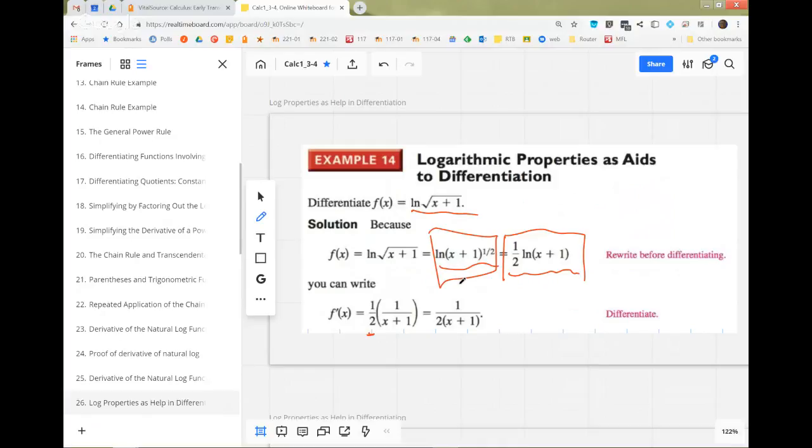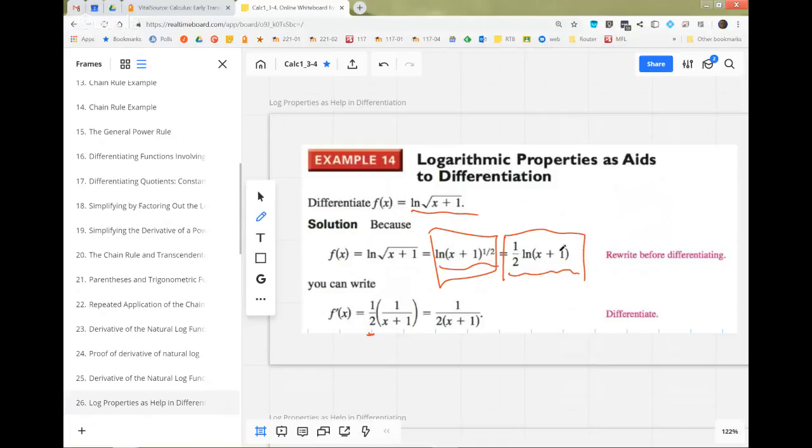The rule is take the power and multiply it by the logarithm of the base. And that's what you'll see in this first line. What's the power? 1/2. Take that times the natural log of the base, the x plus 1. So there's no calculus here. This is strictly algebra, a log rule.